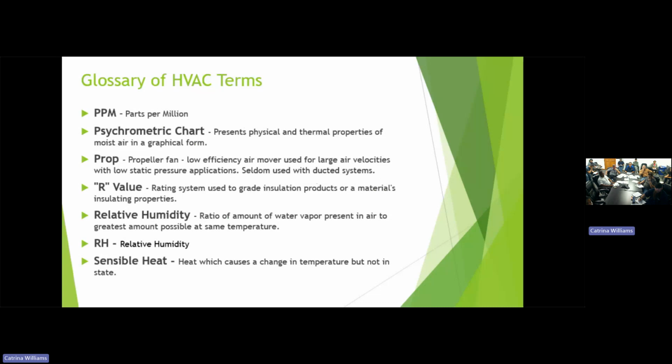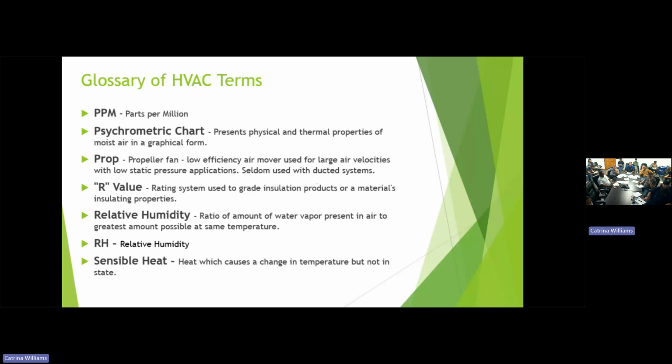Prop, that is a term or just abbreviation that we use for propeller fan. Like when you go outside your home and see a condensing unit where your compressor is, you've probably got a prop fan on top exhausting that air. It's a very easy way to move large volumes of air as a rule, but they don't work with high static pressure.